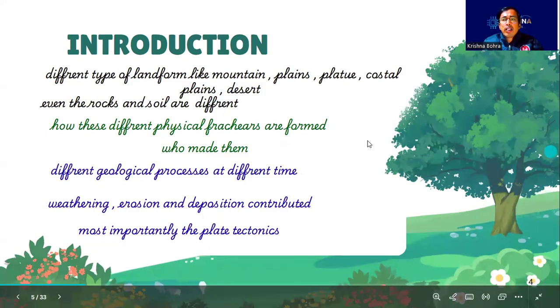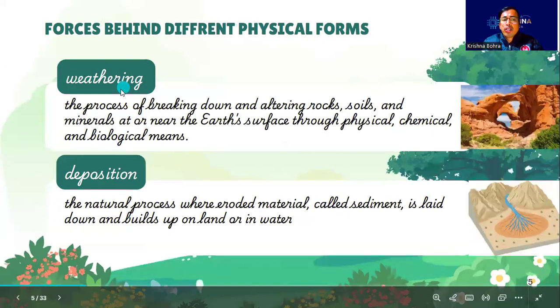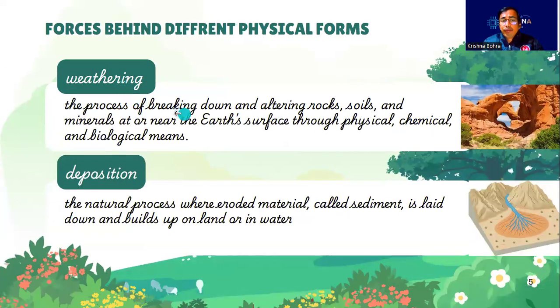Now let's take a little glimpse of what deposition or weathering means. Weathering means breaking down and altering of rock, soil and minerals near the earth's surface through physical, chemical or biological means. If you take this picture, for example, this might be a mountain in its initial stages. As you know, CaO, that is calcium oxide, reacts violently with water.